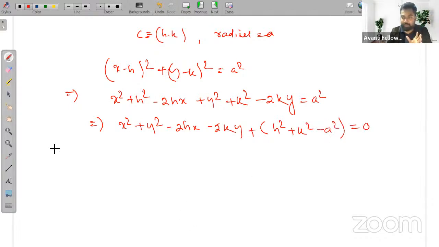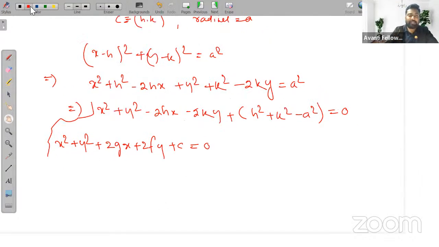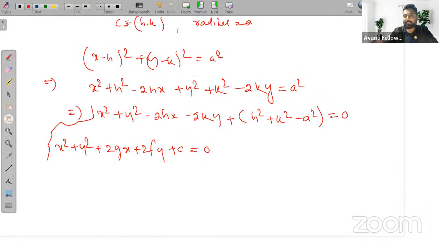This is the equation you are getting, and we have another equation, that is the general equation of circle, x square plus y square plus 2gx plus 2fy plus c is equal to 0. If I ask you to compare both the equations, what will the center be? In this circle, the center is (h, k) and radius is a.